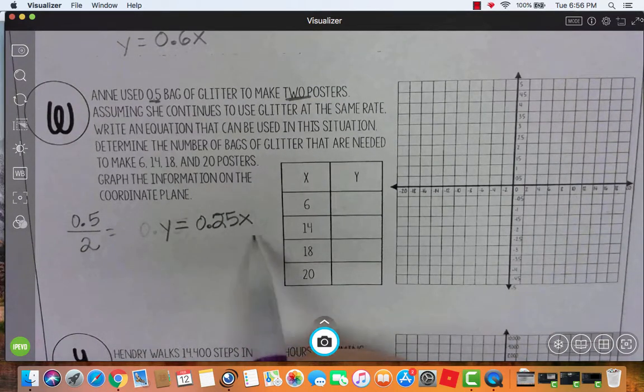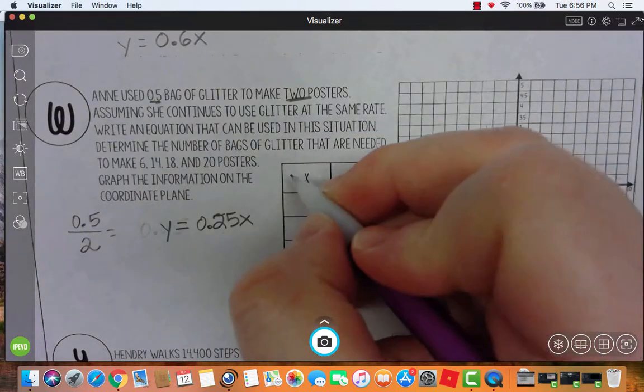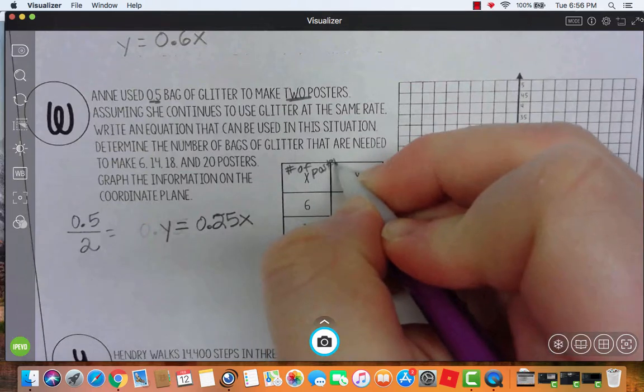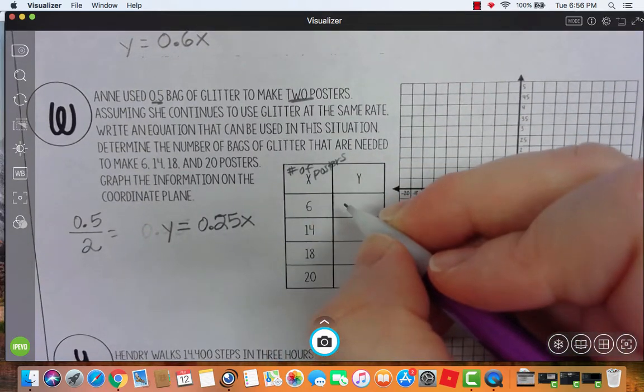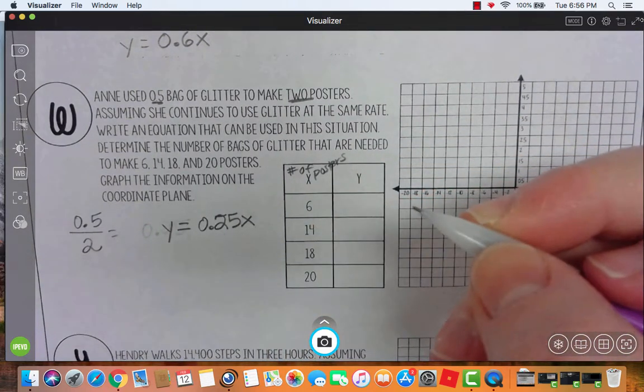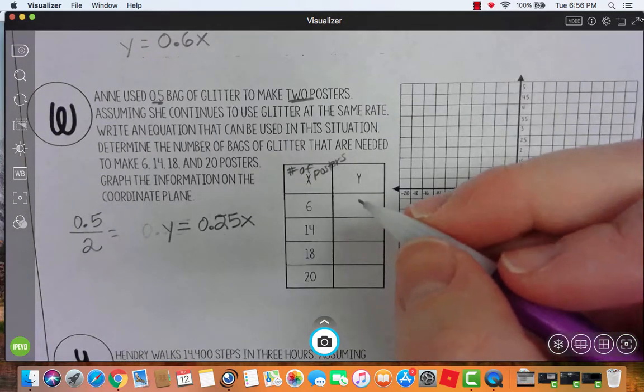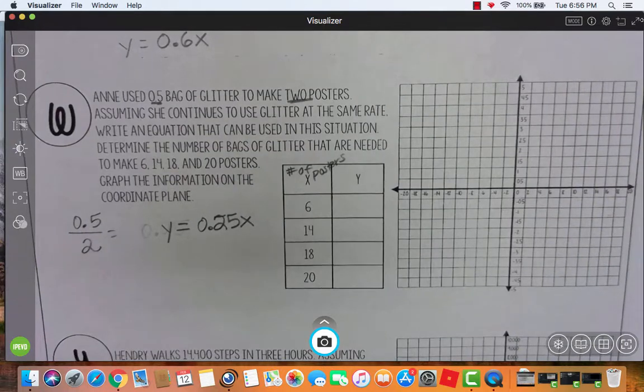Remember, x is the number of posters, and if you want to remind yourself, write number of posters. And then y is going to be how many bags of glitter you're going to end up needing. Okay? So this is you. You're going to just start plugging in x.